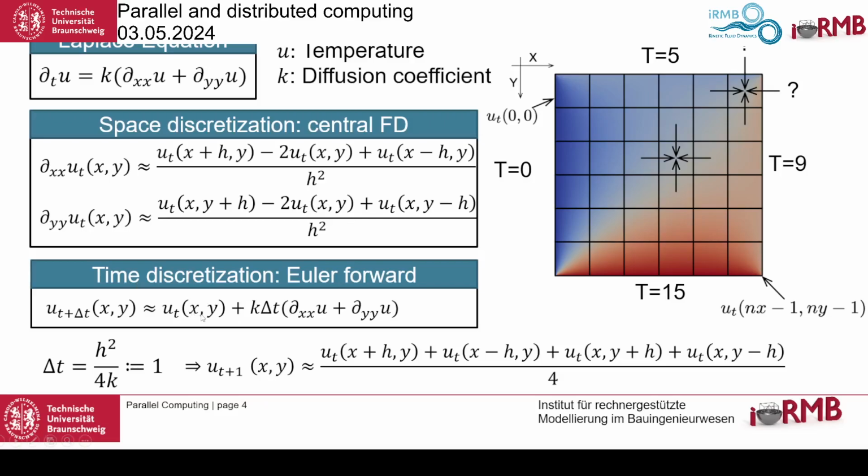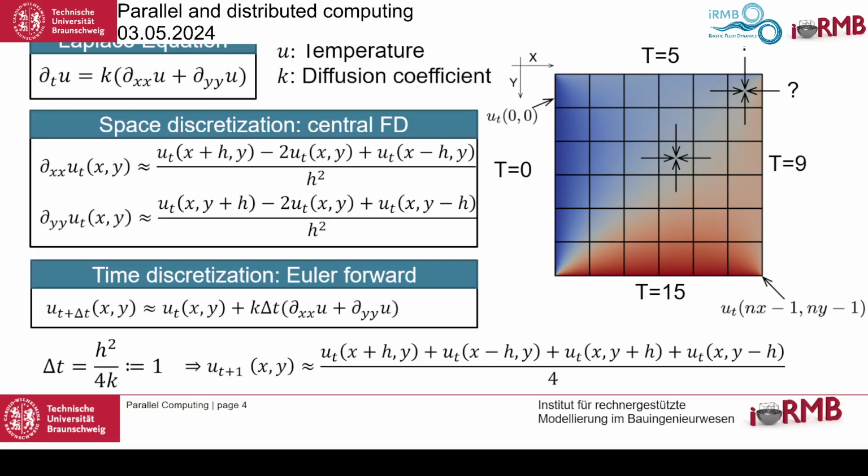The Euler forward method is a method to do the time integration. Here we have a second derivative in space and a first derivative in time. Getting the first derivative in time is different from what you do in space, because if you take a derivative in space, you assume that you know your left neighbor and your right neighbor.